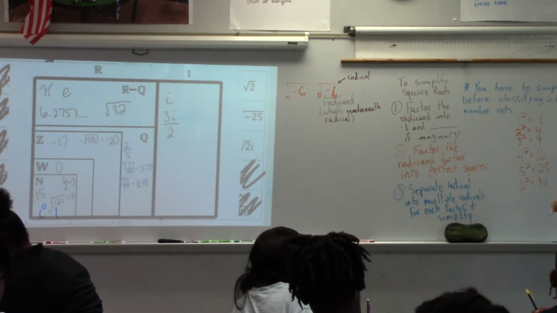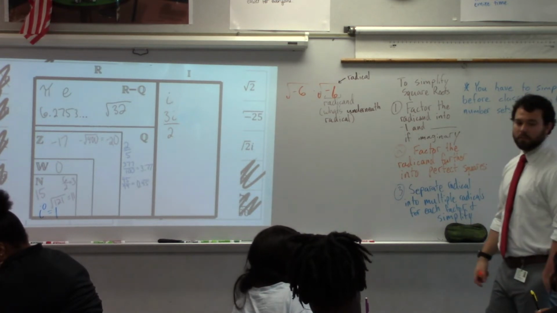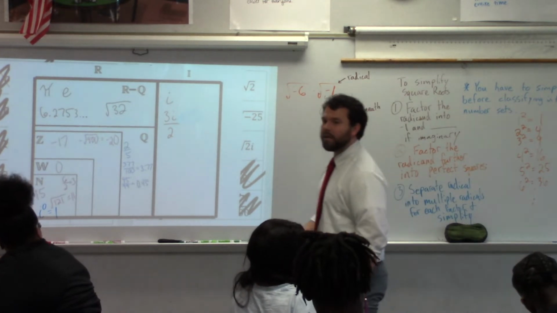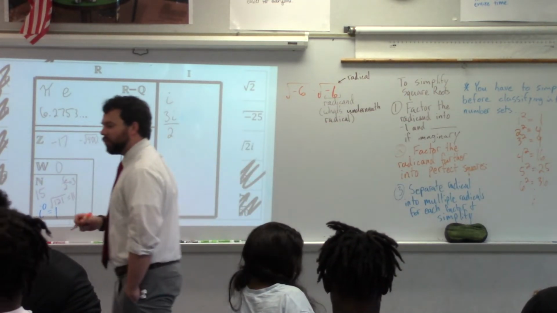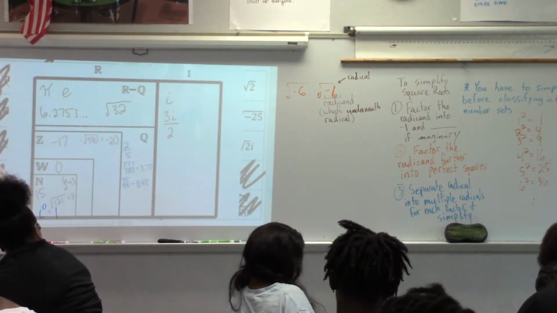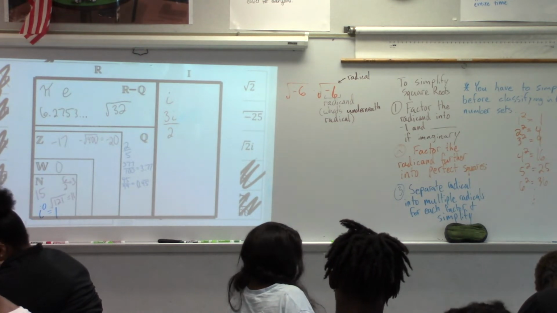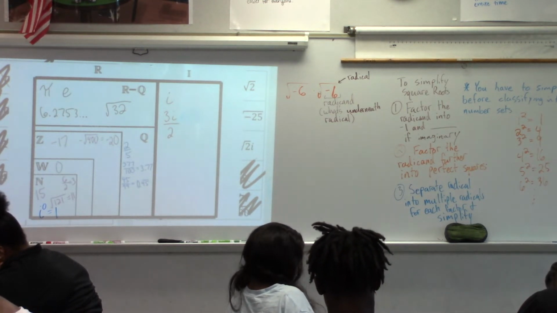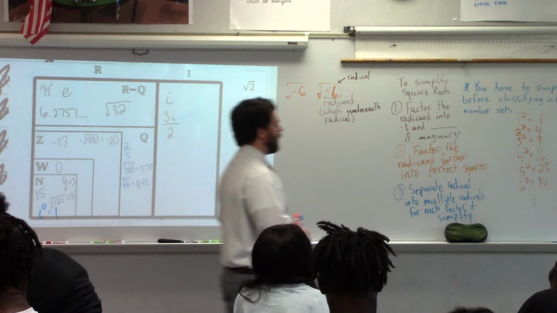Anytime I'm simplifying square roots, I'm going to write out several perfect squares to make my job easier. Makes it easier to identify those factors.